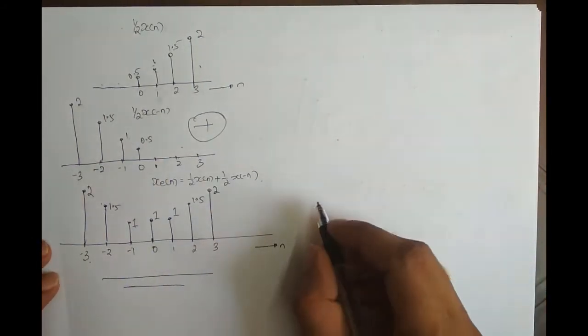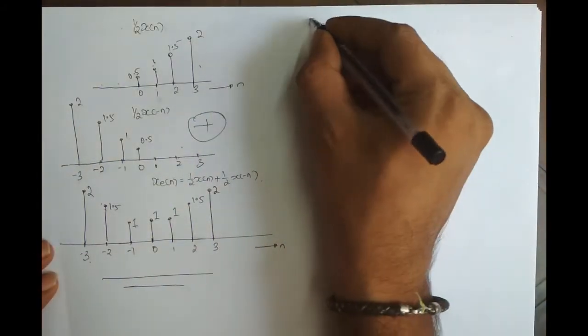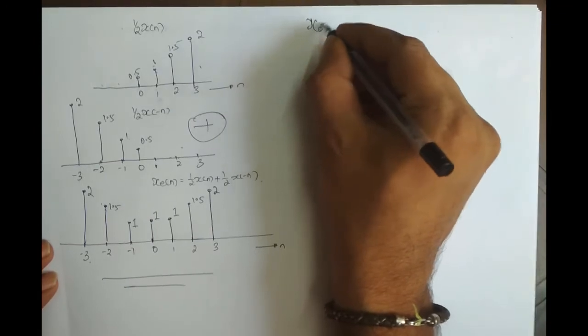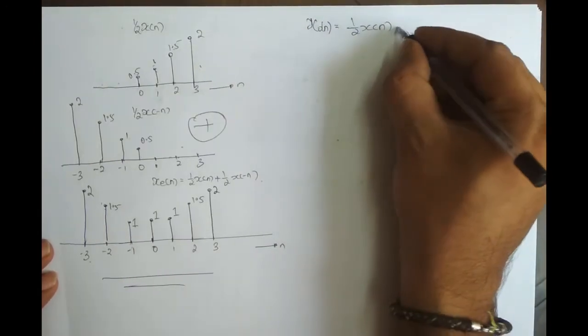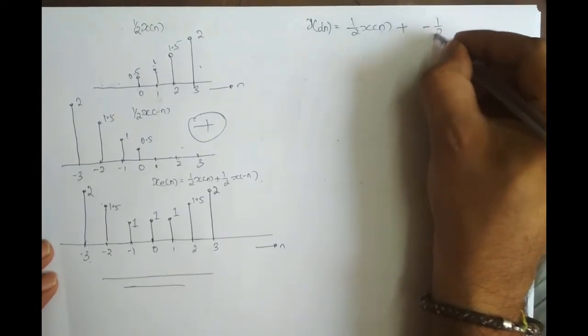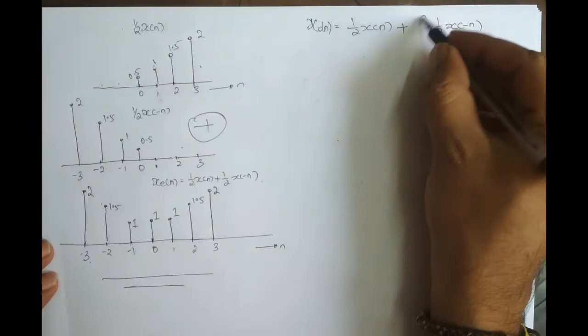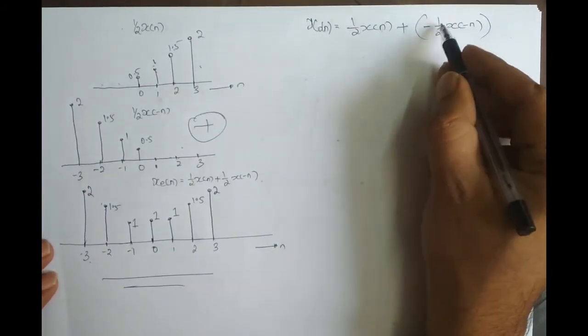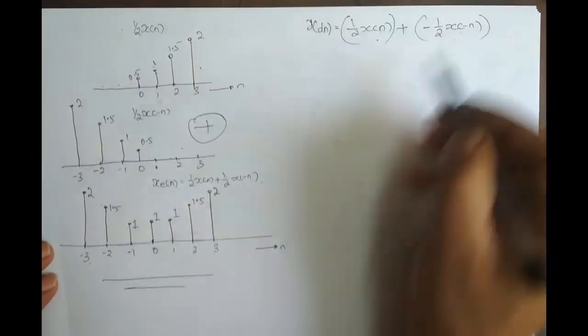Okay, now to get the odd component, what is it that I need? To find the odd component x o of n, what I need is half of x of n plus minus of half of x of minus n, right? So instead of subtracting, we will convert it to add. So what I need is half of x of n and minus of half of x of minus n. So these two signals I need to add.